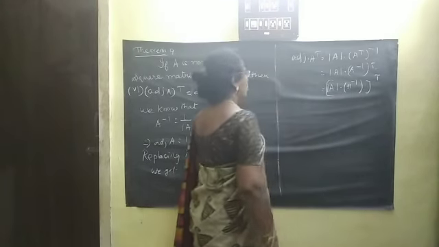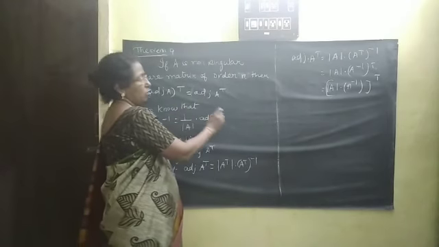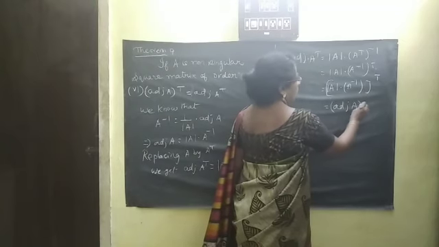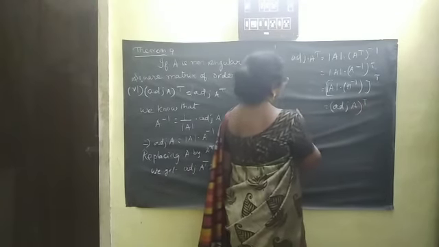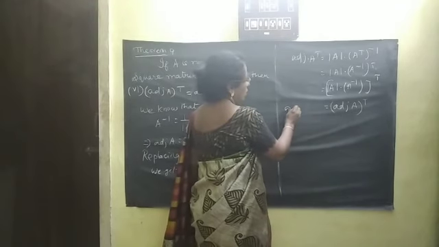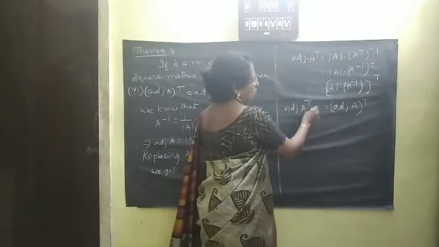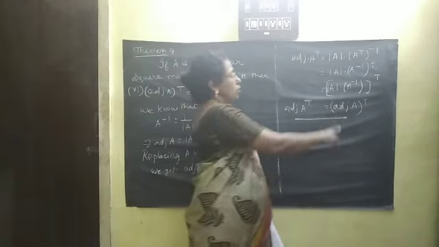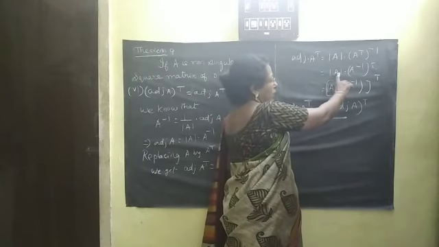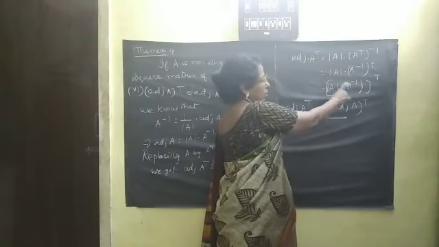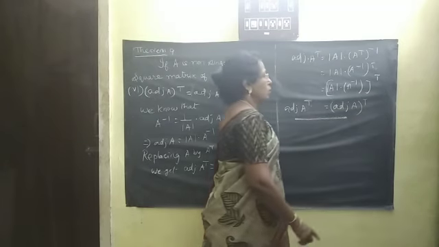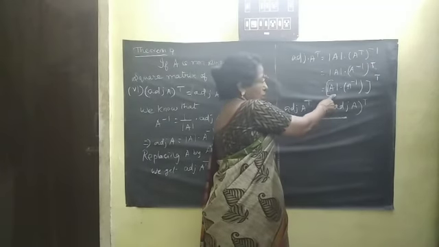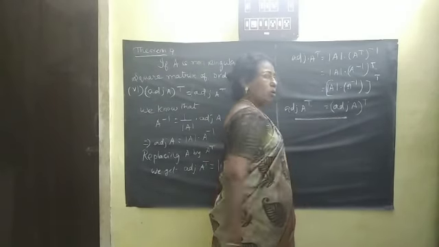Determinant A into A inverse is nothing but adjugate of A. So this is equal to adjugate of A the whole transpose. We have proved that adjugate of A transpose is equal to adjugate of A the whole transpose. Here determinant A being a constant, we can take the transpose totally outside.